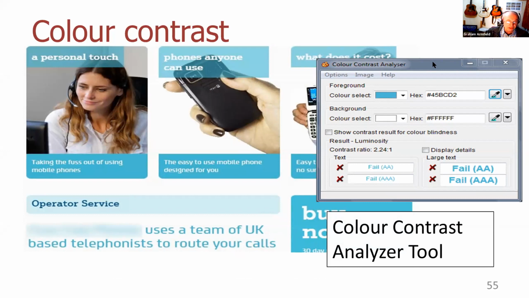It's for Windows machines and Macs as well. And you can use these color picker elements here and it will tell you immediately whether it passes or fails the WCAG 2.1 guidelines. Quite a lot of these blue on the white backgrounds on this particular website failed. There's a site I looked at a couple of years ago.